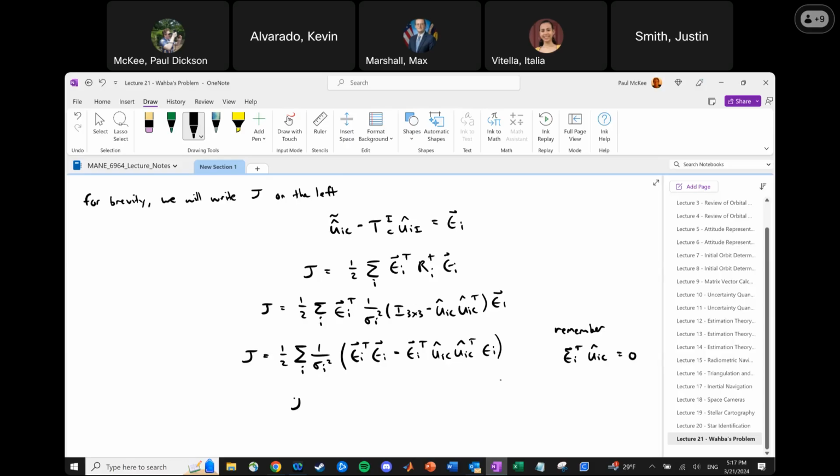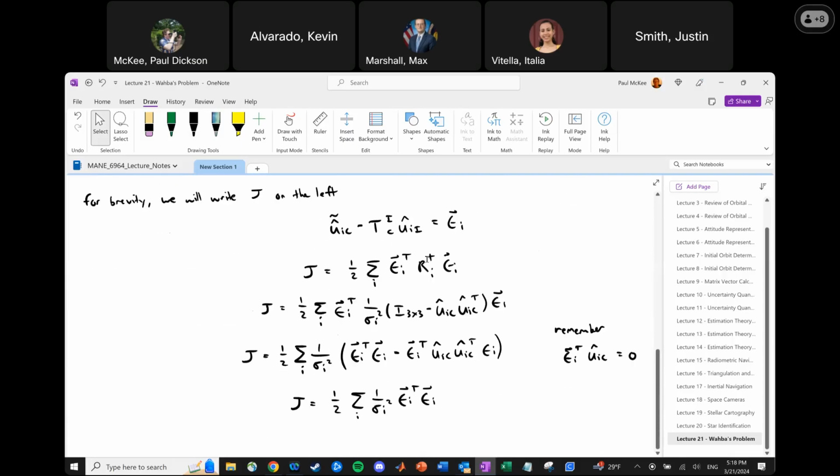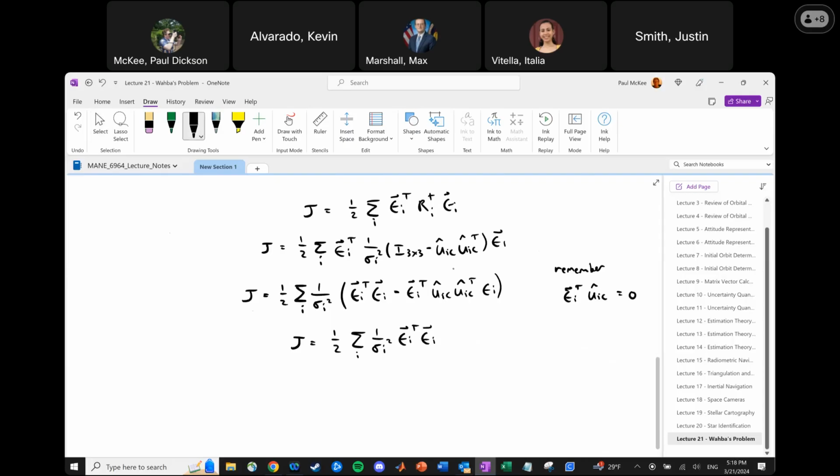This now becomes J is equal to 1/2 sum of 1 over sigma I squared, epsilon I transpose epsilon I. Okay, so far so good. Now we're going to substitute back. So this epsilon I is really UIC minus T from I to C UII. We're going to clean this up a little bit.